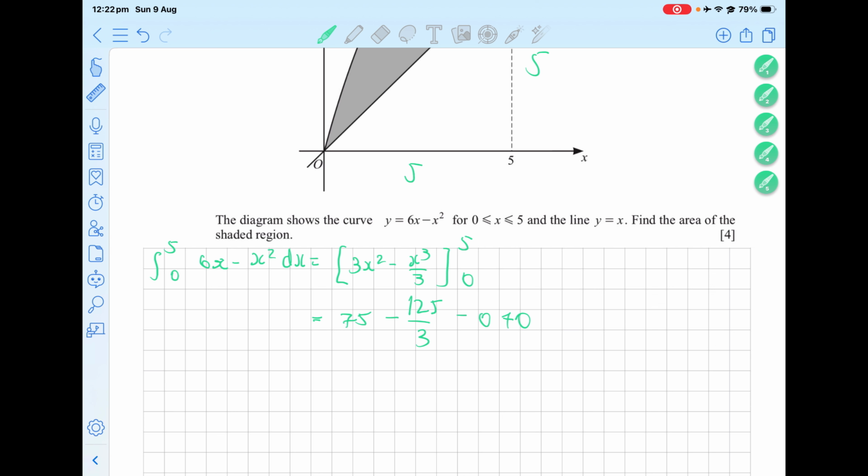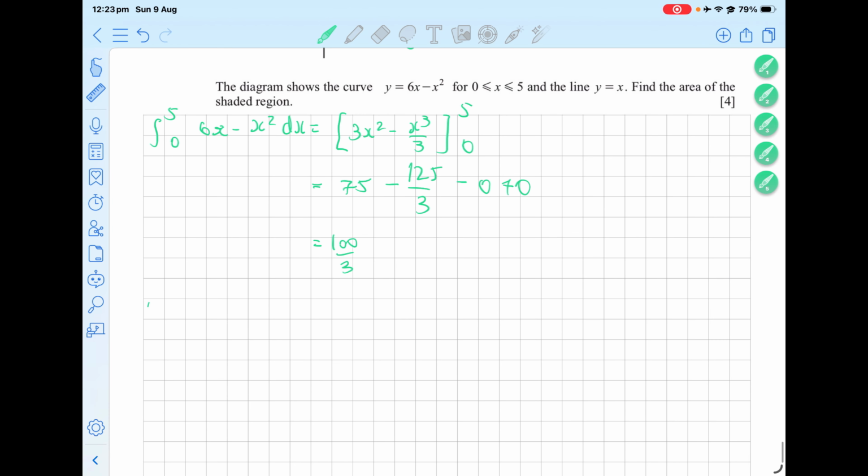So 75 minus 125 over 3 is 100 over 3. So this whole area was 100 over 3. And we basically have 100 over 3 minus 25 over 2, which is 125 over 6. That is the area of the shaded region.